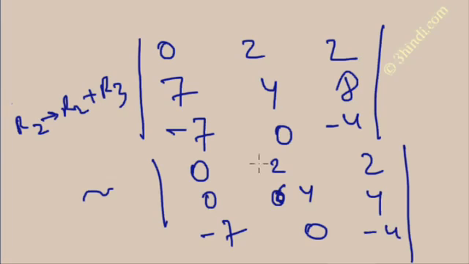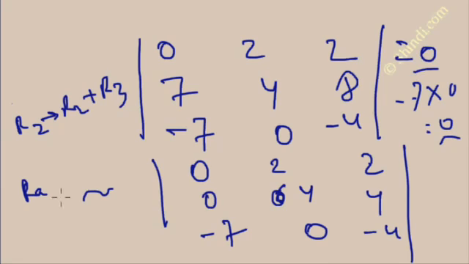So minus 7 into the determinant of this, 2 into 4 is 8, 8 minus 8 is 0, so minus 7 into 0 is 0. So the determinant value is 0. This means rank is not equal to 3. It should be less than 3.